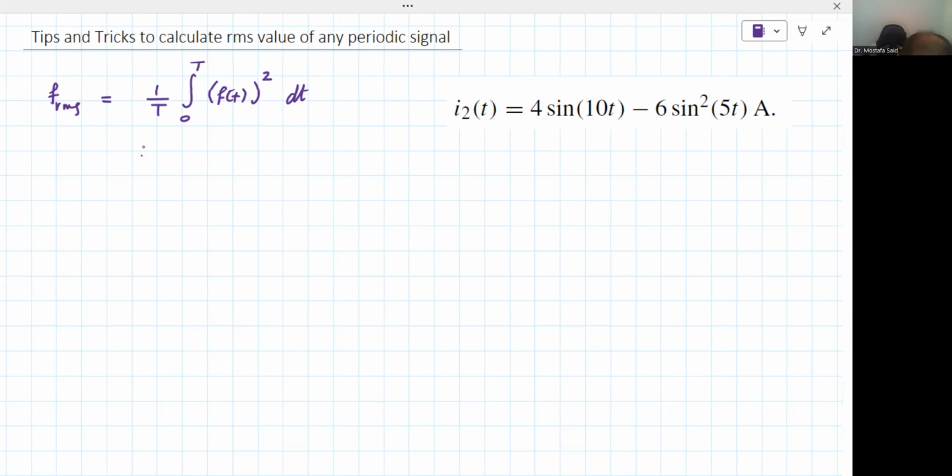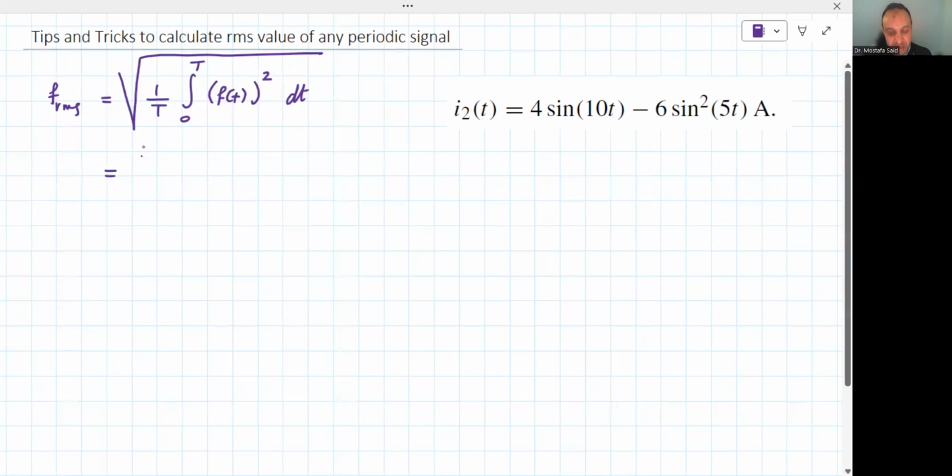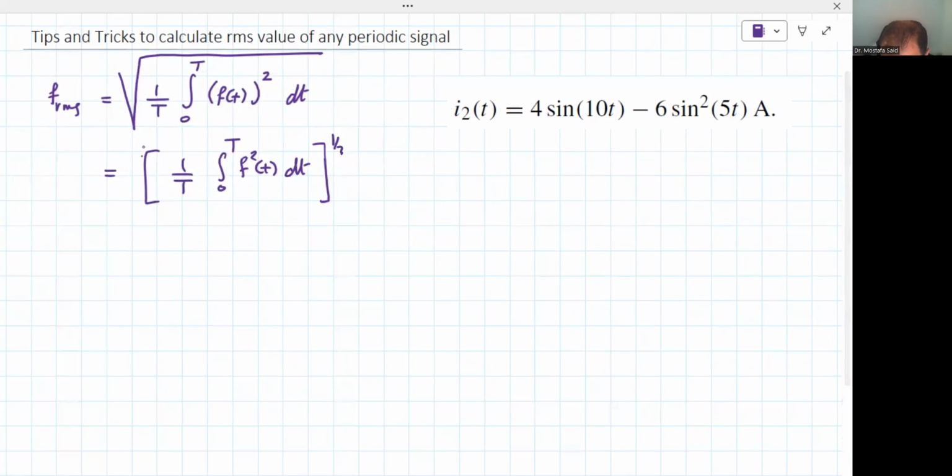So I'm going to add here a very big square root. It's nicer to write it in that way: 1 over T, integral from 0 to T, f square of t dt, then close the bracket and put a half. When you raise something to an exponent of half, that basically means square root.